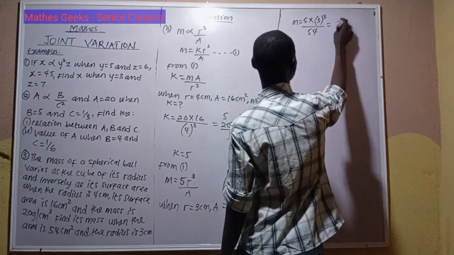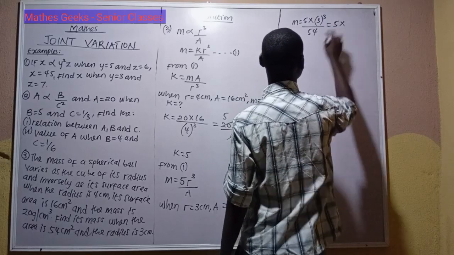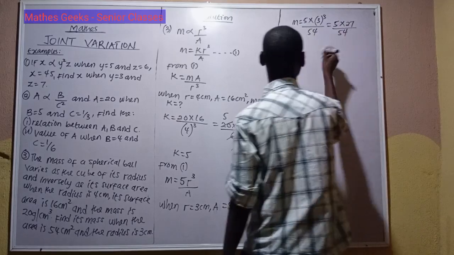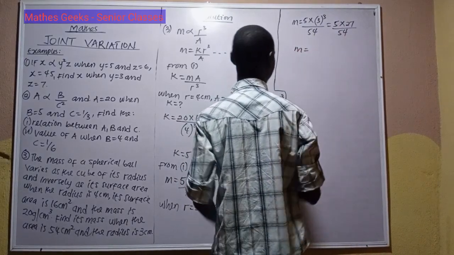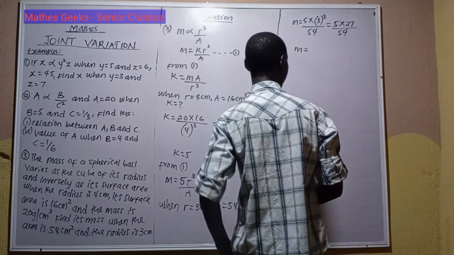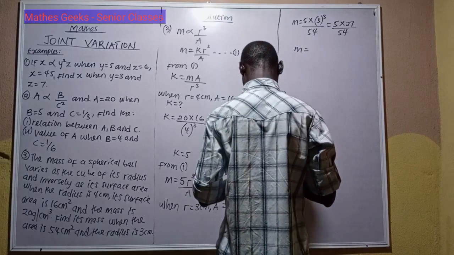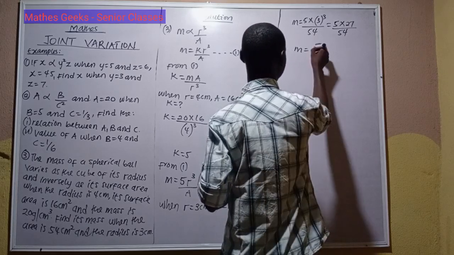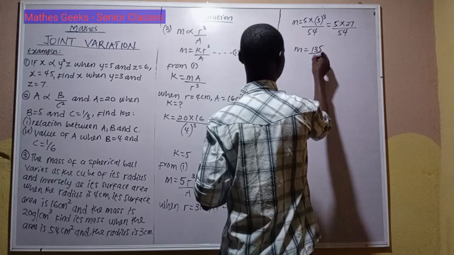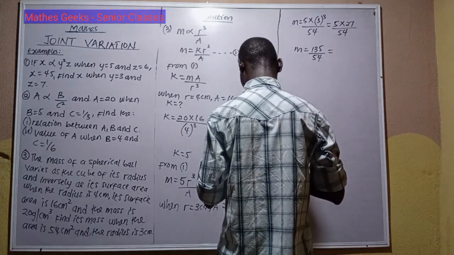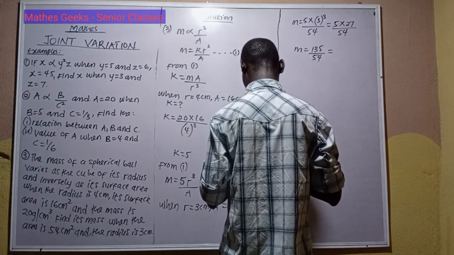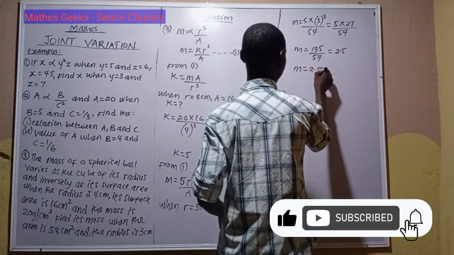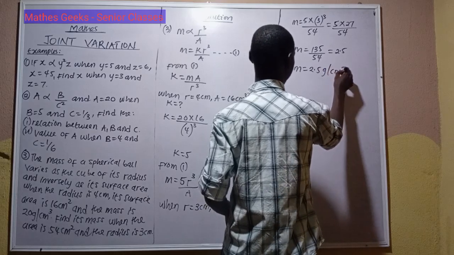So 5 times 2 to the power 3 is 27. 27 divided by 54. So M is equal to 5 times 27, 135 over 54, 2.5. So mass is 2.5 grams per cm cube.